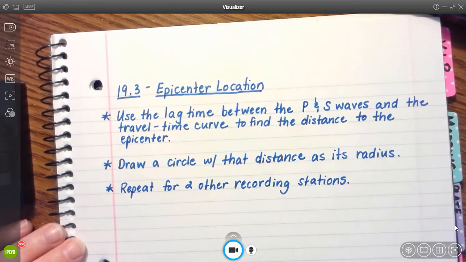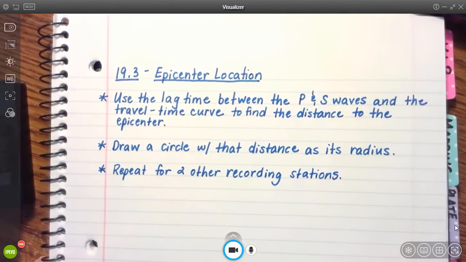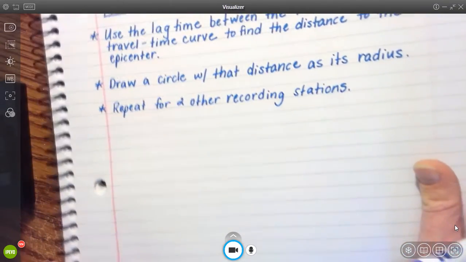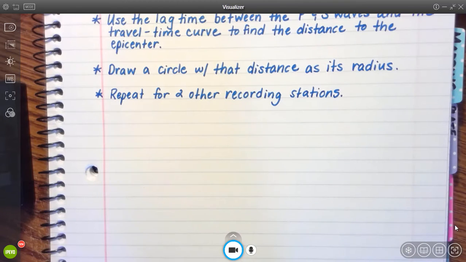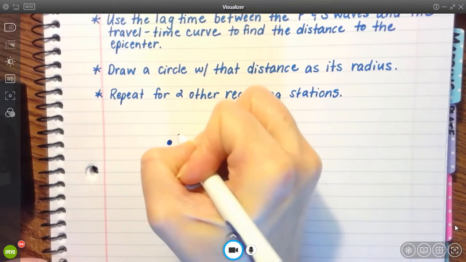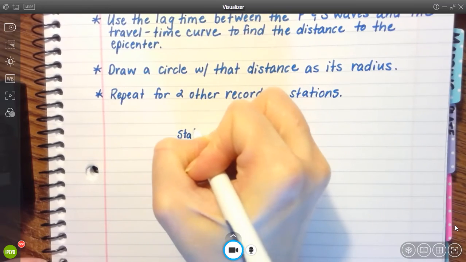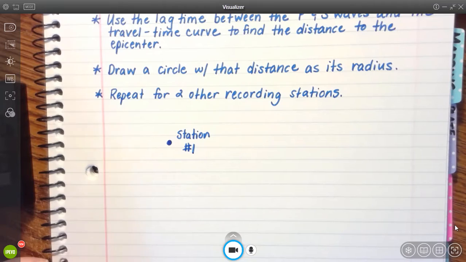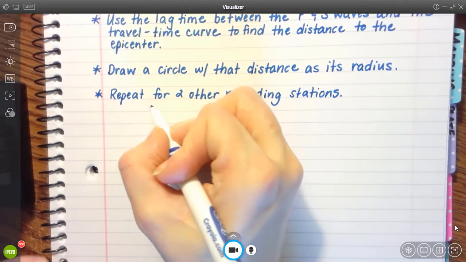And when we're going to draw a little picture down here next, you'll see why we need that data. So we need 3 recording stations in order to draw the epicenter of the earthquake. So let's say, for example, here is station 1. And I'm just going to sketch a circle for station 1.